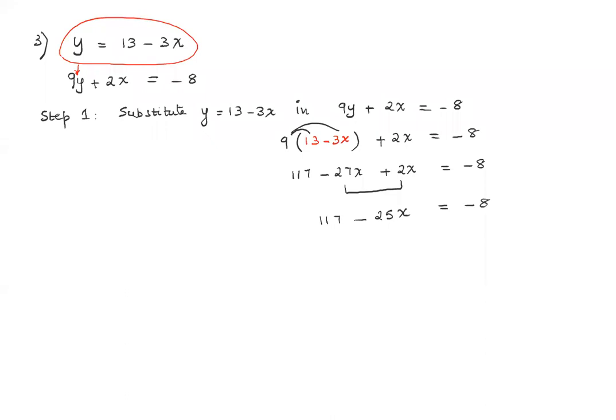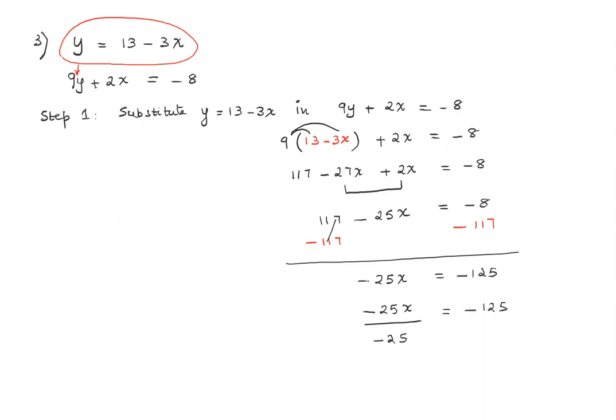And move the negative 117 to the other side. So we get negative 25x equals negative 125, and divide by negative 25 on both sides, so we get x equals 5. So now we got the x, we're going to get the y next.